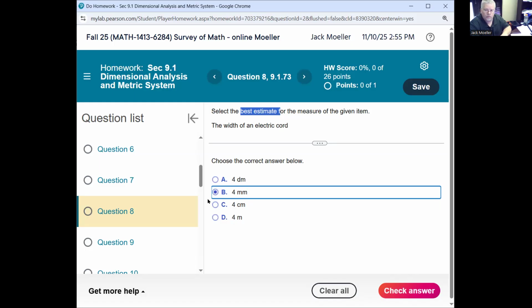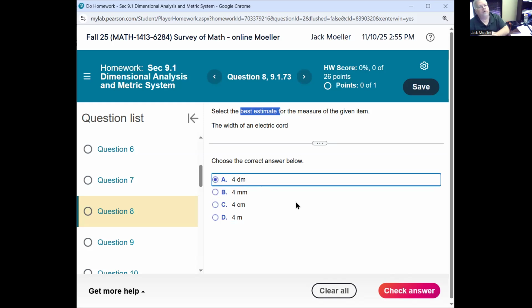So 4 millimeters would be about half of that. So that to me sounds fairly good. A decimeter, that's a tenth of a meter. A decimeter would be about the width of a large Kleenex box. So that would be 4 of those. So that would definitely not be the width of an electric cord.